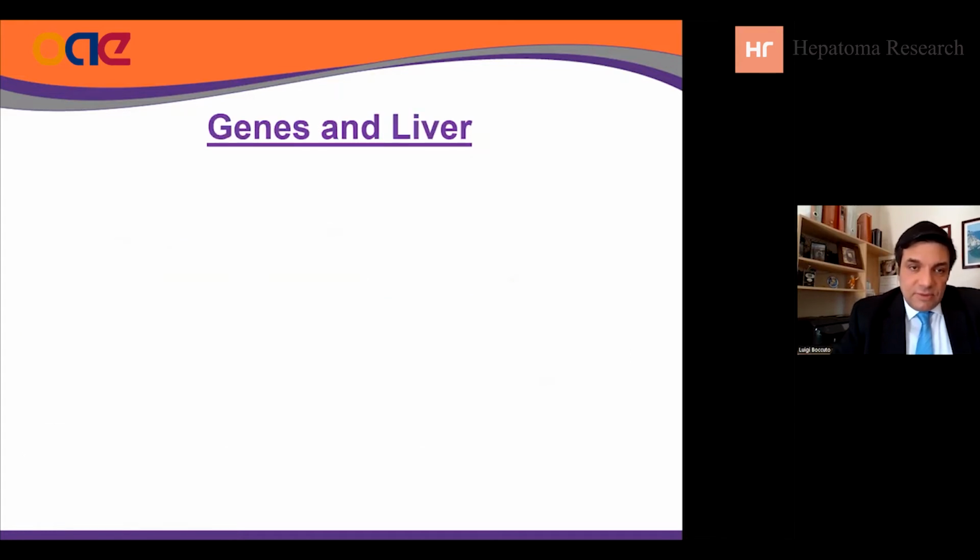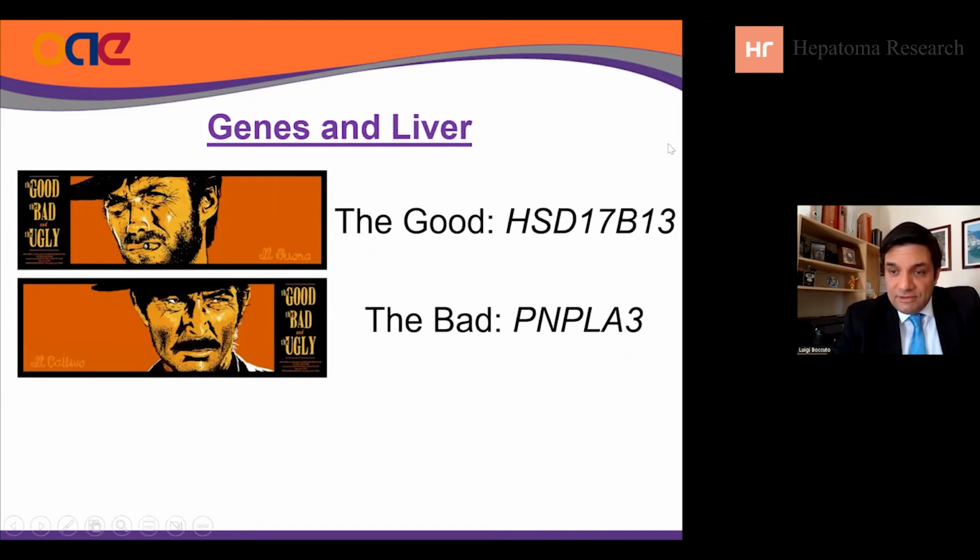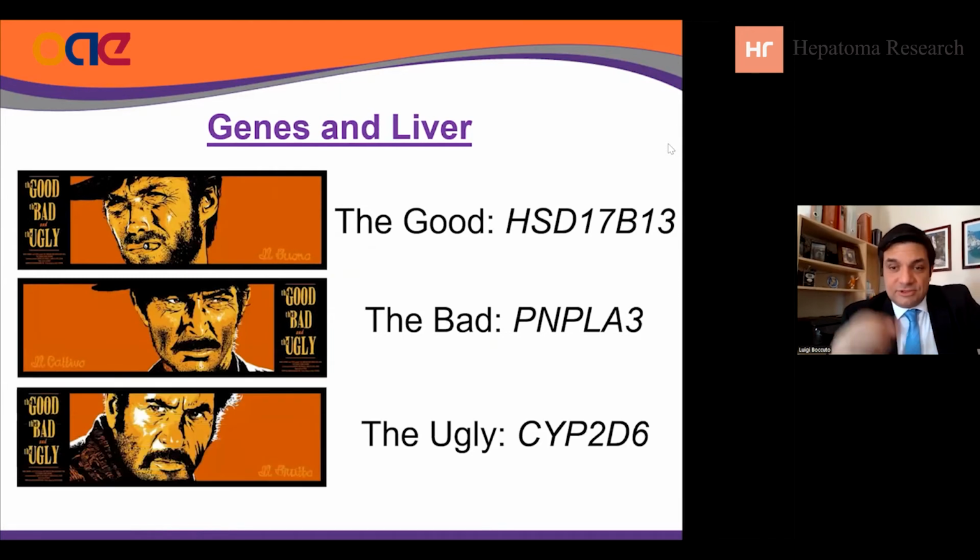And so in order to do this, today I want to speak about the connection between genes and liver. And I like to use an example to summarize three main categories. We can use an example for genes where we can have the good, that is HSD17B13, the bad, PNPLA3, and the ugly, which is CYP2D6.